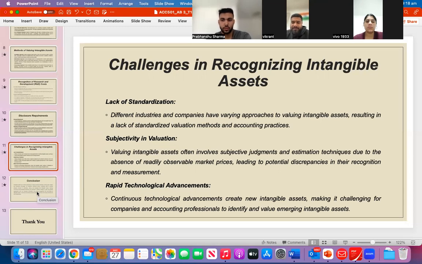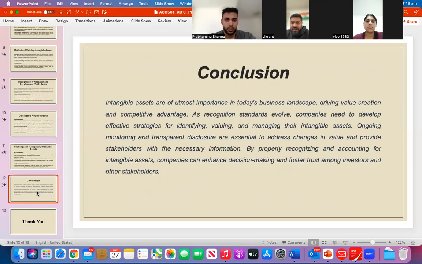Which concludes that intangible assets are of utmost importance in today's business landscape, driving value creation and competitive advantages. As recognition standards evolve, companies need to develop effective strategies for identifying, valuing, and managing their intangible assets.